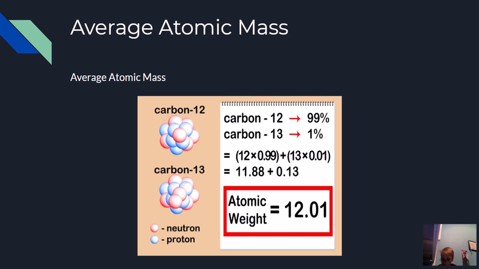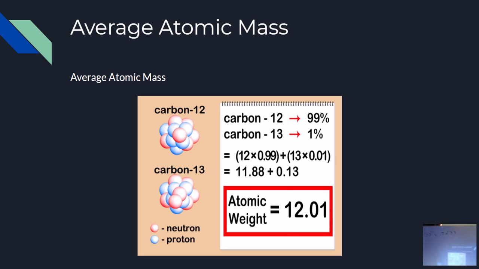So we're going to be using chlorine 35 and chlorine 37 for this example. So chlorine 35 has its mass as 35 AMU, which is atomic mass unit, times 0.7533.